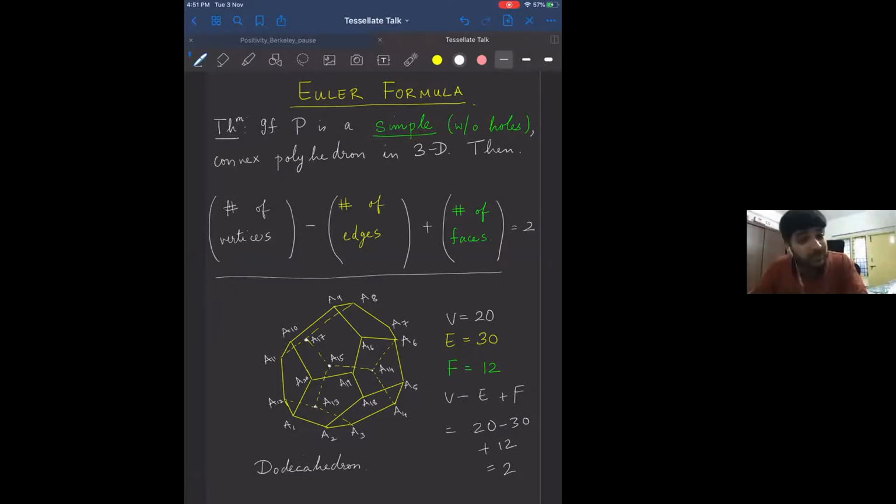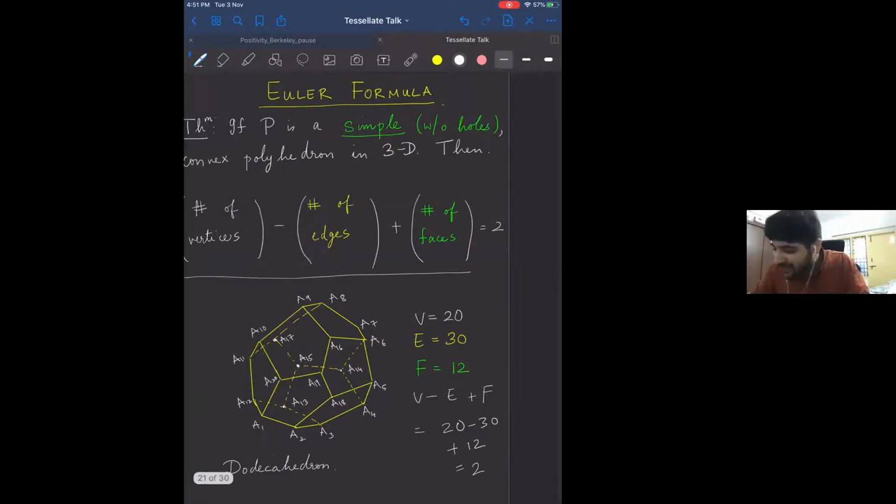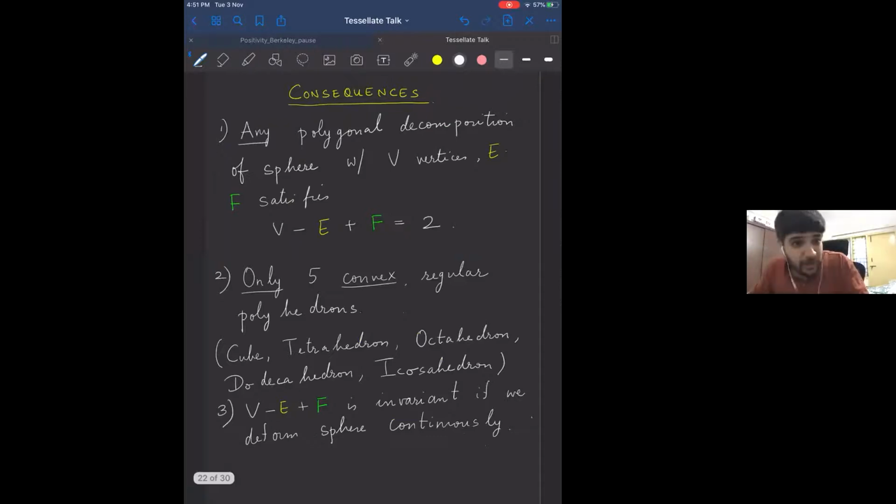And so you can actually imagine this polyhedron as a polygonal decomposition of the sphere, right? If you look at a nice round football, you of course see these hexagons and pentagons that decompose your ball, or the surface of your ball.